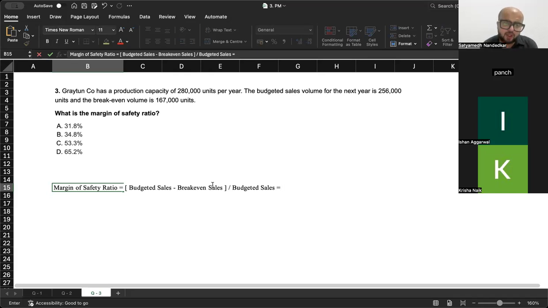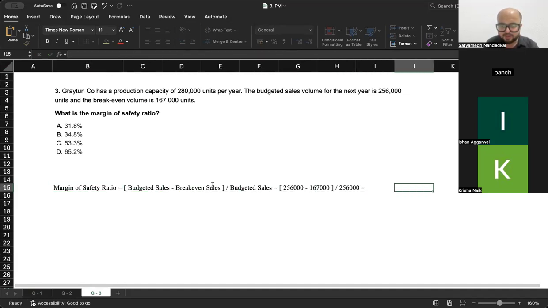Grayton Company has a production capacity of 280. The budgeted sales volume for the next year is 256 and break-even sales volume is 167. So budgeted sales 256,000 minus break-even sales 167,000 divided by budgeted sales 256,000. Tell me how much is the answer?